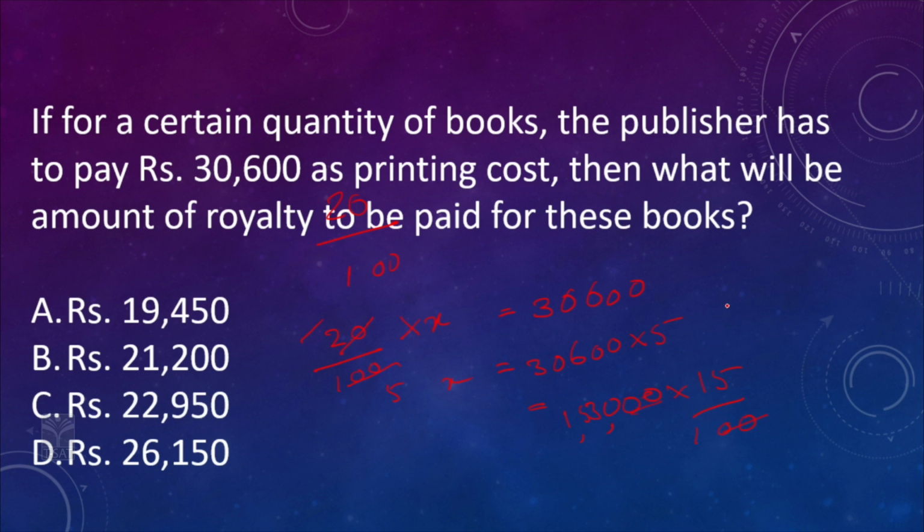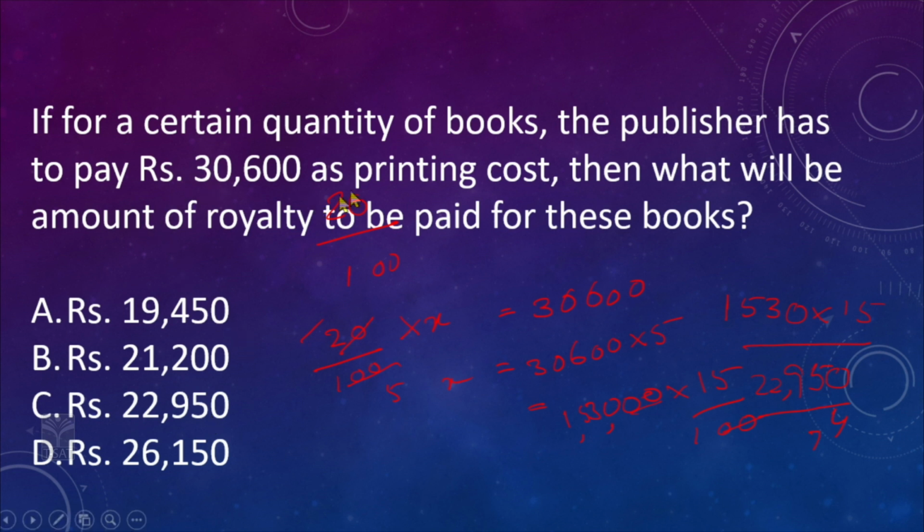So you have 1,530 multiplied with 15. 15 zeros are 0, 15 threes are 45, 4 carried, 15 fives are 75 plus 4, 79, 7 carried, 15 ones are 15 plus 7, 22. What is the answer you got? 22,950. Is this answer there? 22,950, correct? So option C is correct.